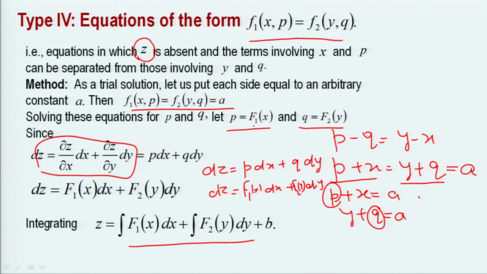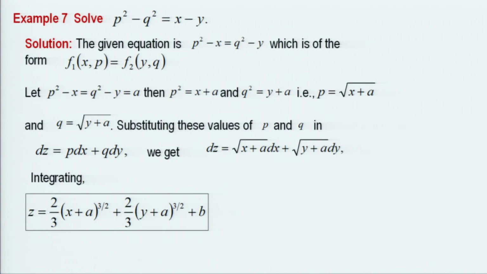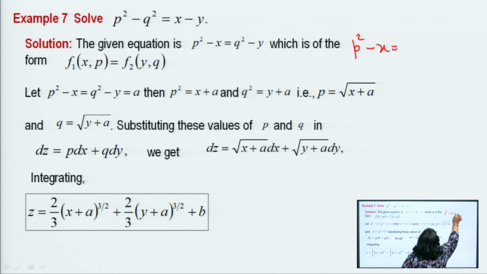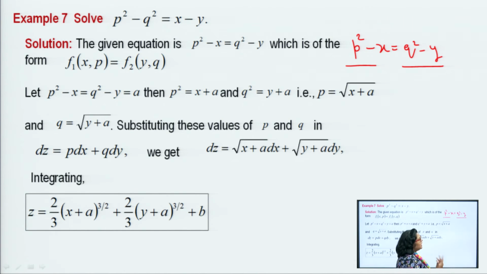After knowing what type 4 is, we will solve some examples based on type 4. This example is p square minus q square is equal to x minus y. We can see that the equation does not contain z, and we can also write it as p square minus x is equal to q square minus y, that is, p square minus x on one side and q square minus y on the other side.